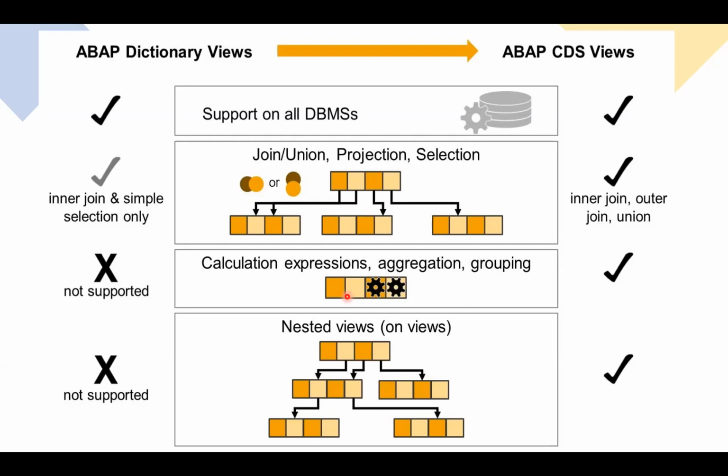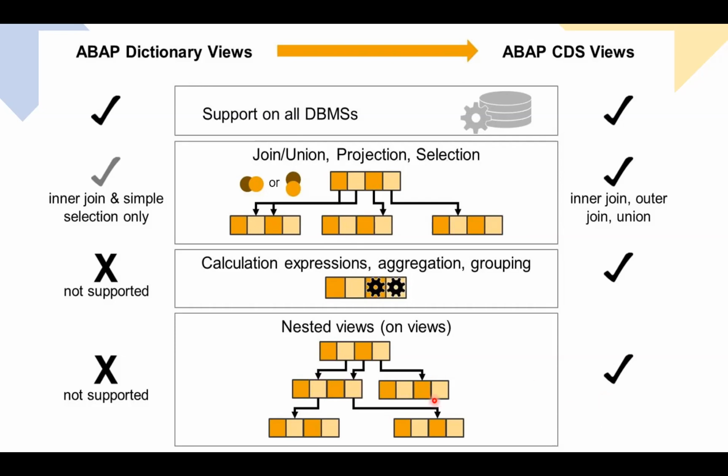On the ABAP dictionary view side, nested views are not supported: a view inside a view, hierarchies, and things like that are not supported in dictionary views. But here we can have n number of views. In real time, you might end up navigating deeper, maybe even possible with 100 CDS views as well.